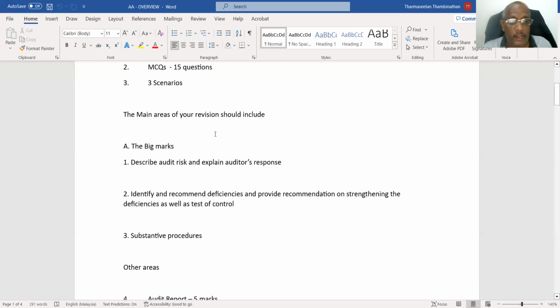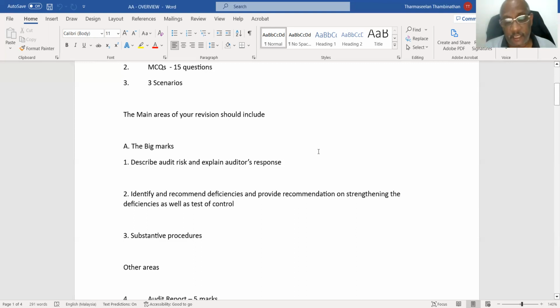Now, let's look at how you should start your studies. I'm assuming you've gone for classes, or you are reading through some books, and therefore you need to look at the big marks. Audit risk and explain auditor's response.